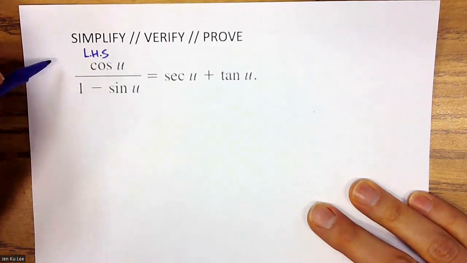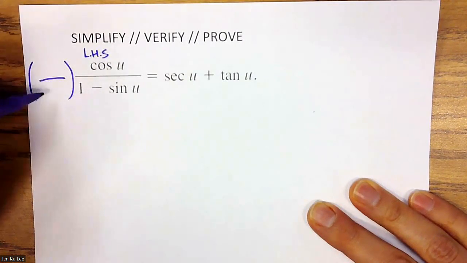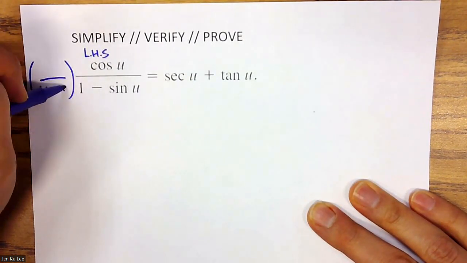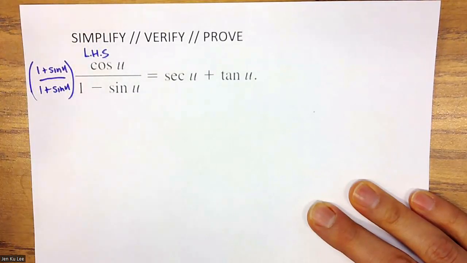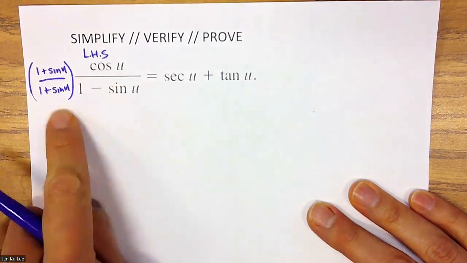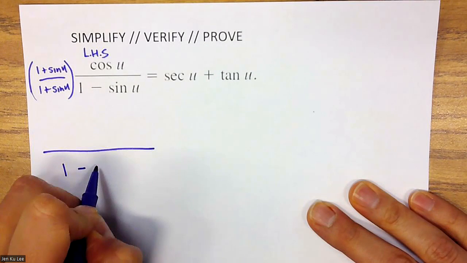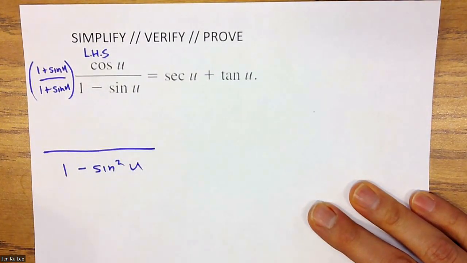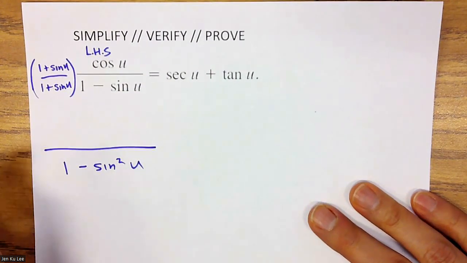So here, I'm going to use that skill and multiply this by 1 plus sine u. Okay? Because 1 minus sine times 1 plus sine, that becomes 1 squared minus sine squared. Right? And I want that trig function squared.